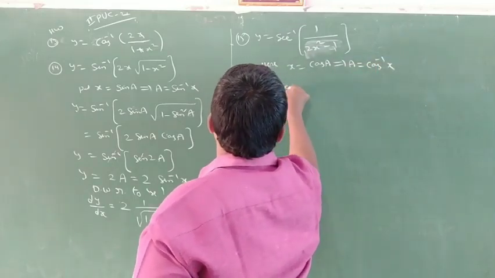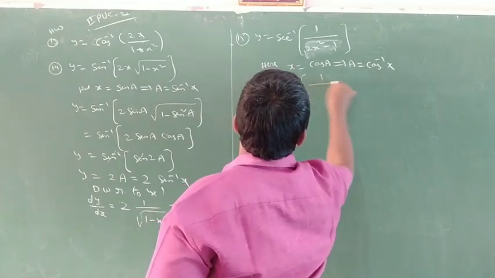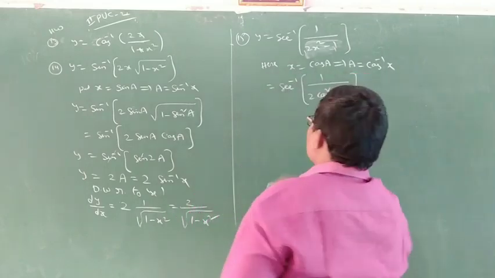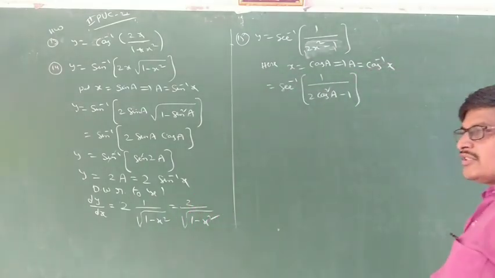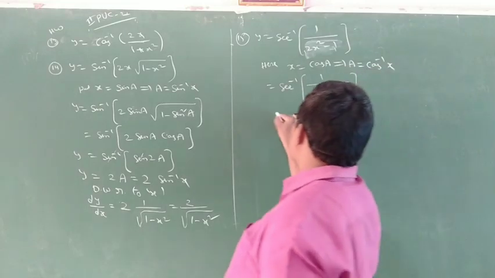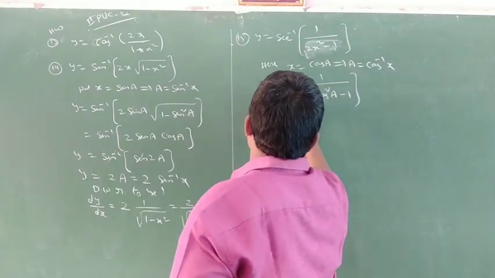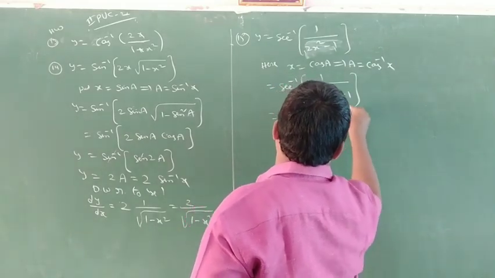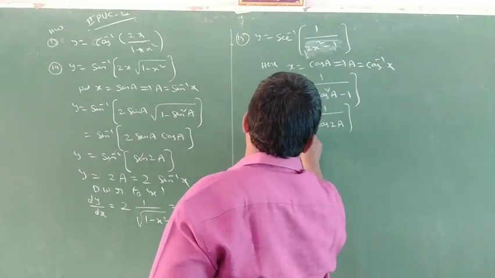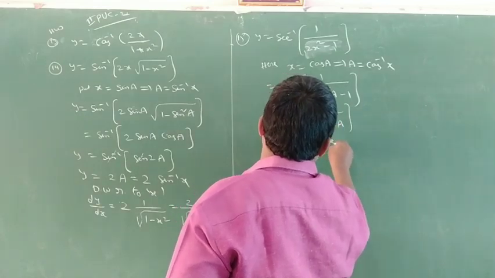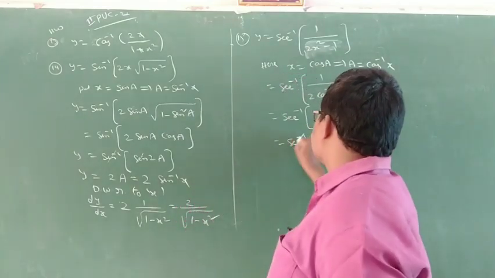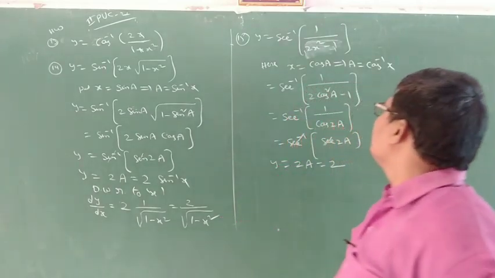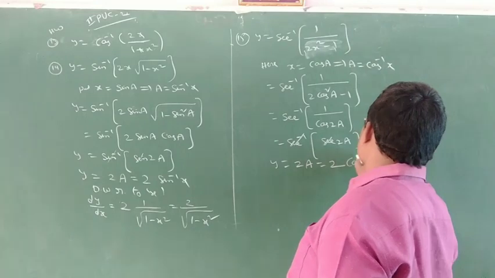So secant inverse of 1 by (2 cos square a minus 1). 2 cos square a minus 1 is equal to cos 2a, so that is secant inverse of 1 by cos 2a, which is secant inverse of secant 2a. Secant cancels, so y is equal to 2a, which is 2 into cos inverse x.